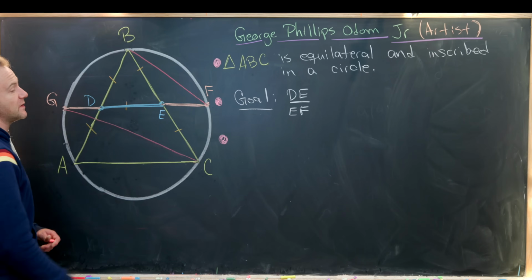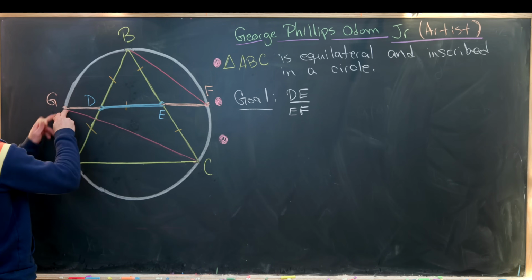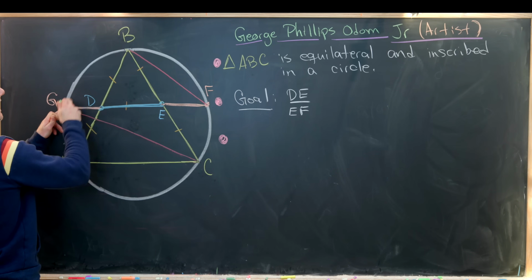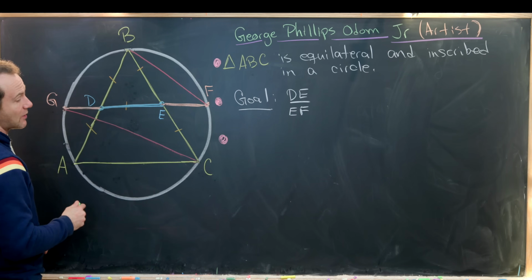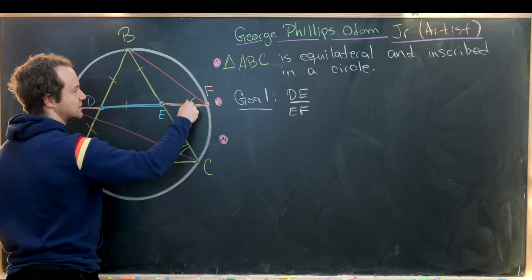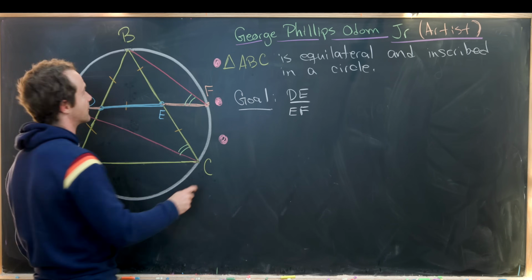So the first will be using the observation that angle BCG subtends this arc BG, and angle BFG subtends the same arc. So that means that these angles are congruent. So I'll just put like little symbols there to mean they're congruent, and then I'll fill that in over here.